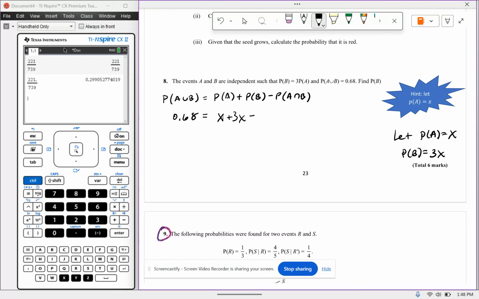They're independent, so this is the same thing as the probability of A times the probability of B, right? This is rooted in the definition of independent events. So B is 3x times x. So I should get 3x squared.